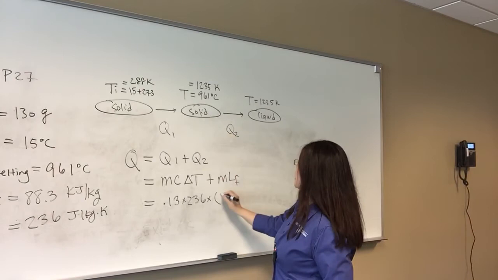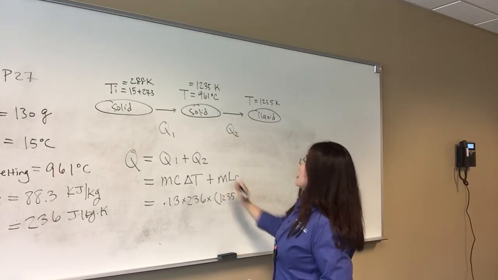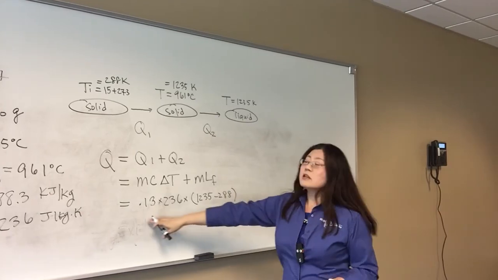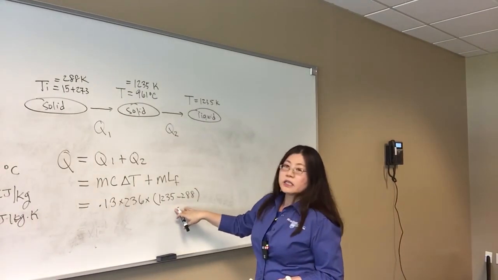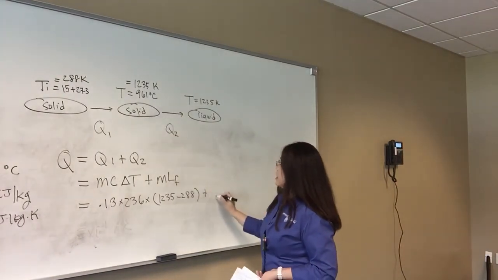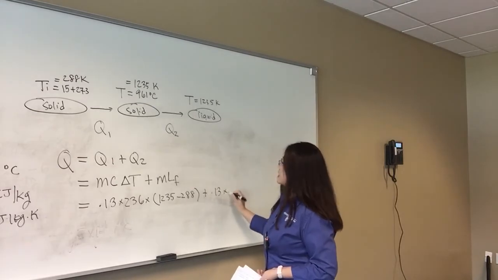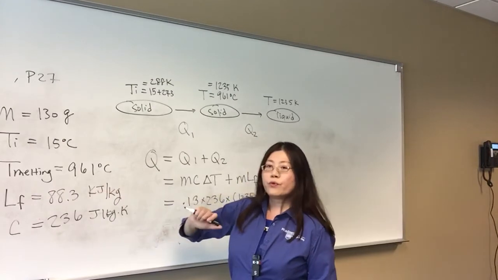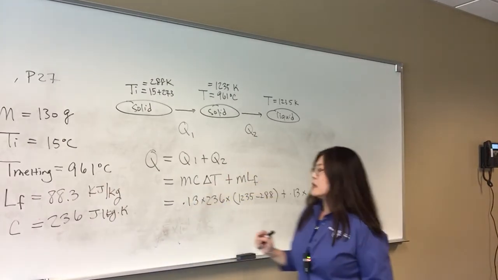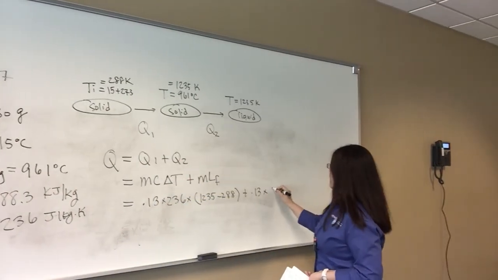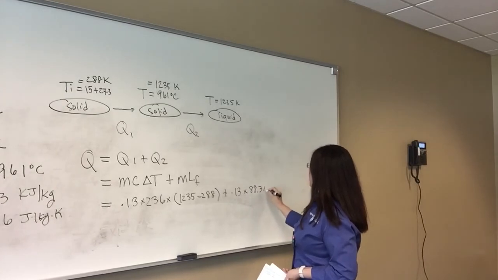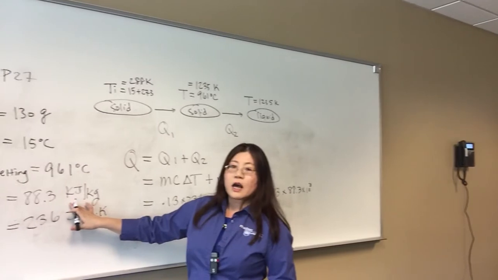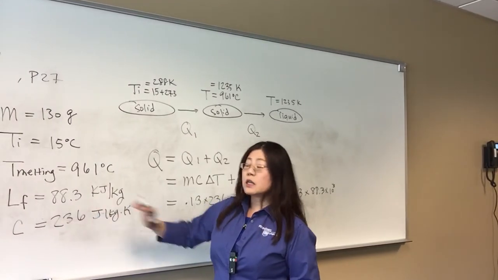The final temperature is this. Initial temperature is 288. Okay, so this is the amount of energy to raise the temperature, and then plus the mass times the heat of fusion, which is 88.3 kilojoules per kilogram. So you need to multiply that by 88.3 and then times 1,000, because everything is in SI units, so it should be in joules, not in kilojoules.